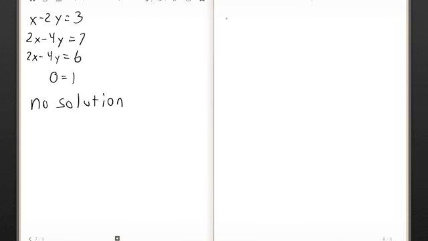Alright, let's do one more. Let's jump out of the standard form of x plus y equals a number, and you're going to have to do a little more work here to get things in the form you want.